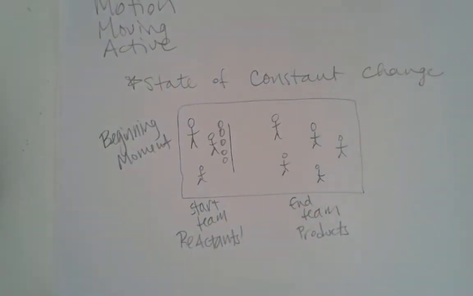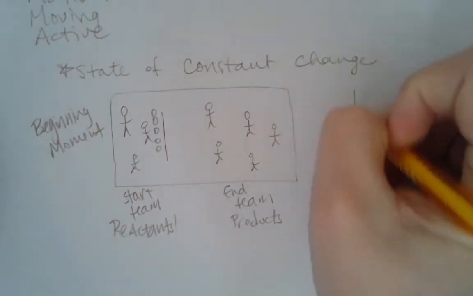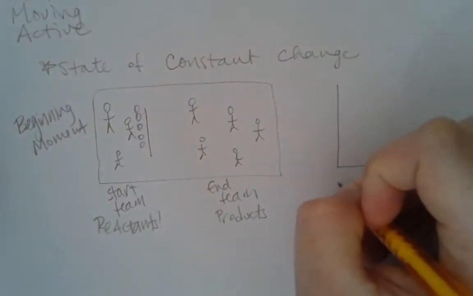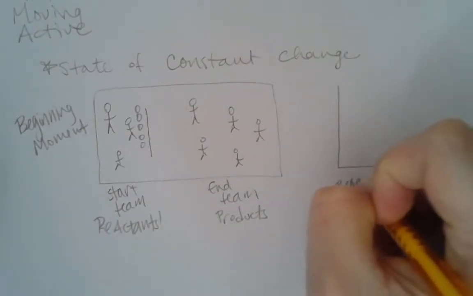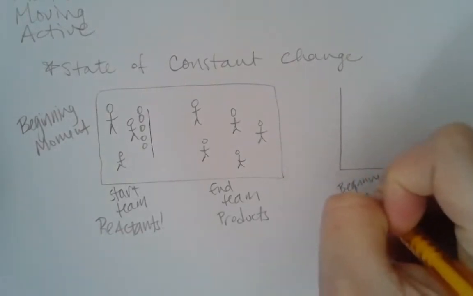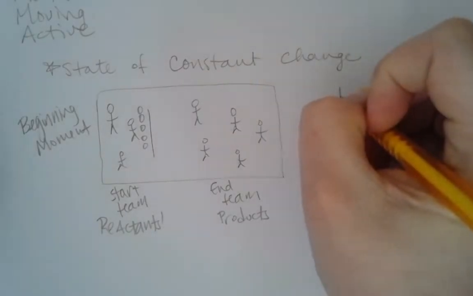And we can even graph this. I'm doing this a different way than I usually do in class, but that's kind of okay. We can graph this. We can say at the beginning, so at that beginning moment, all of our stuff in our reaction, everything is reactants.